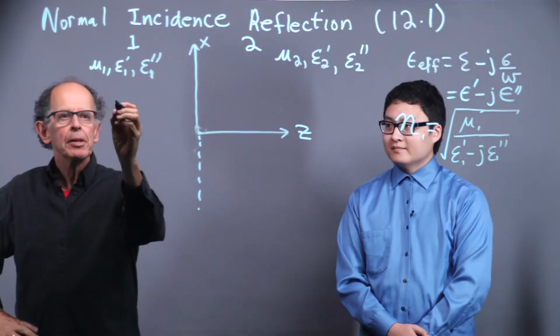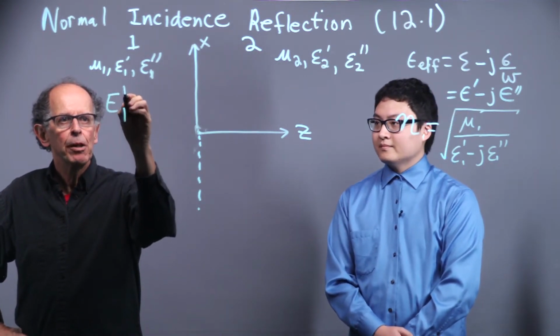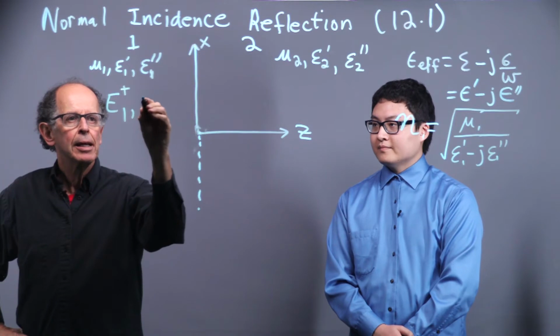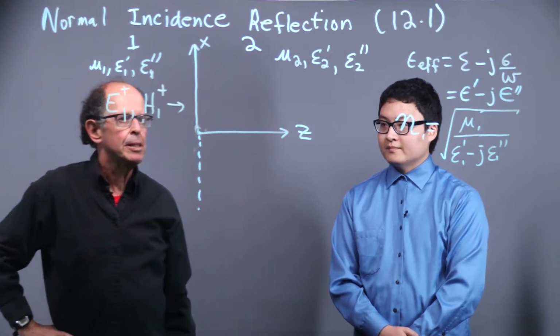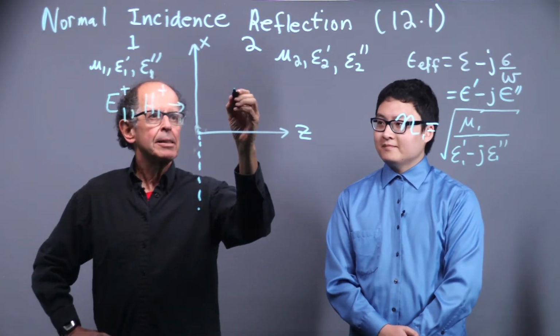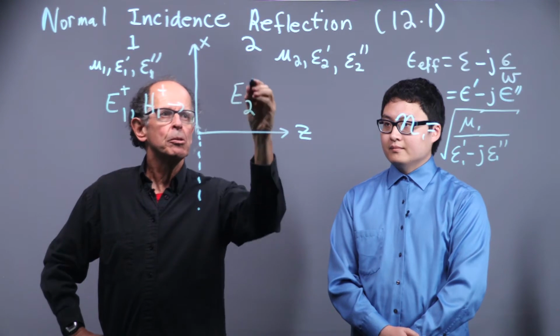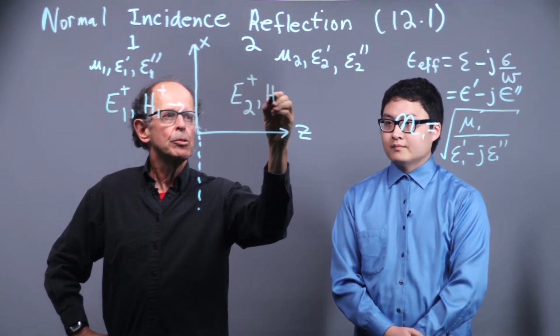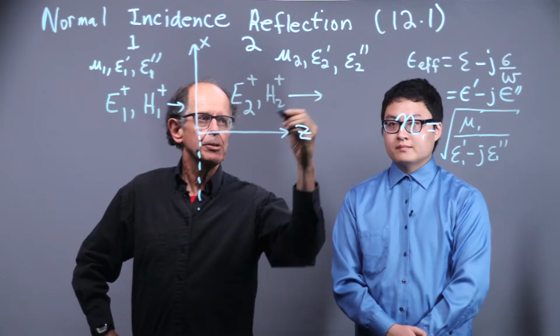Here we start with the wave coming in, E1 plus and H1 plus, going into the boundary. Now, we get transmitted through, E2 plus, H2 plus, going in the same direction.